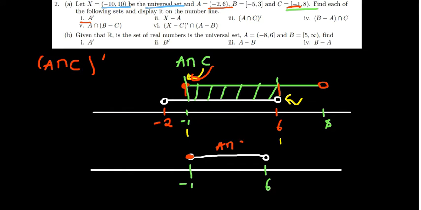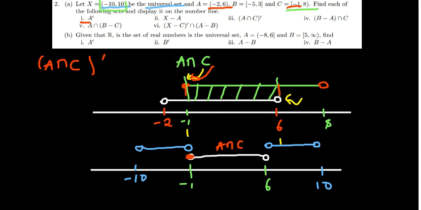So its complement would be just like we handled A complement. From this end all the way up to the end, and from this end all the way up to the end. Now don't forget that the ends are 10 and -10 respectively. So where are we supposed to shade and where are we not supposed to shade? At the ends we'll not shade because we are looking at our inverse set there that was given.